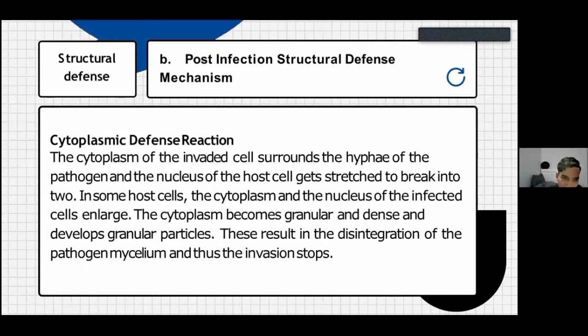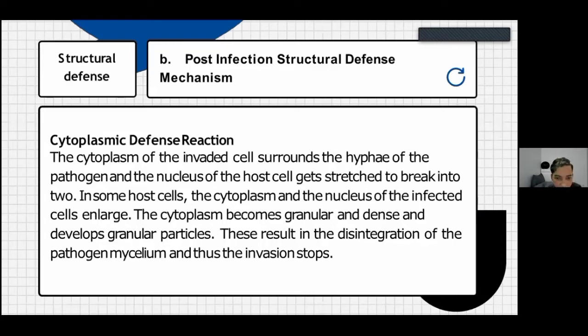Structural defense. B, post-infection structural defense mechanism. Cytoplasmic defense reaction. The cytoplasm of the invaded cell surrounds the hyphae of the pathogen, and the nucleus of the host cell gets fractured to break into two.